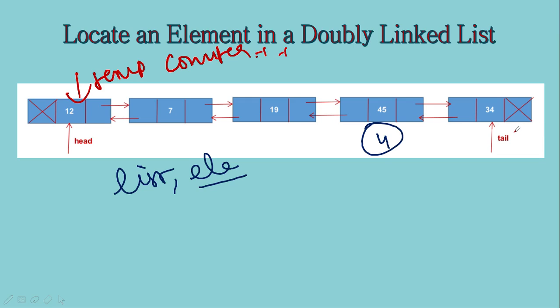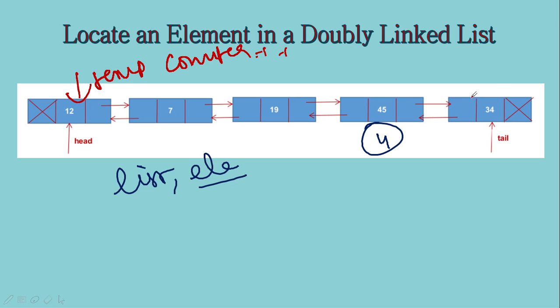When temp is equal to null, we have moved outside the list. Till then, if you could not find the value, then you can understand that the value is not present. For example, if I am searching for 40, which is not in this list, the pointer will move outside the list.